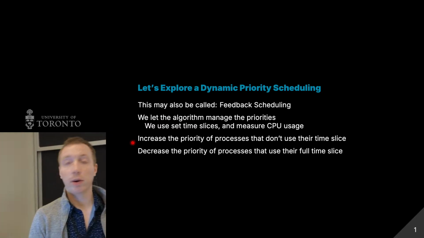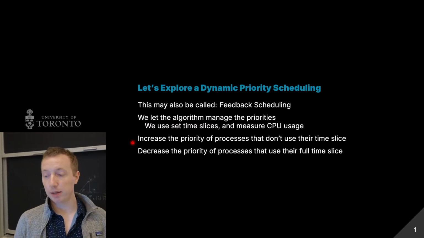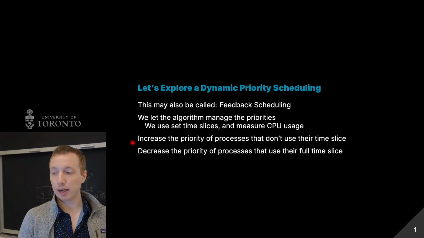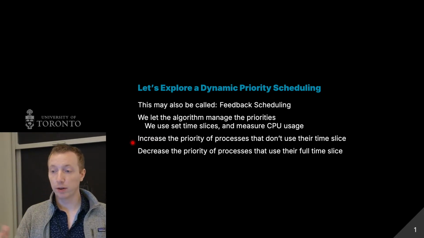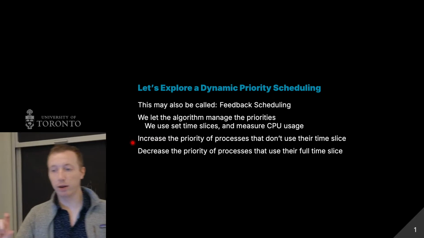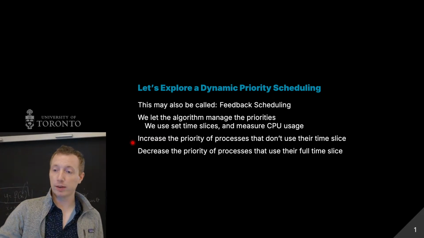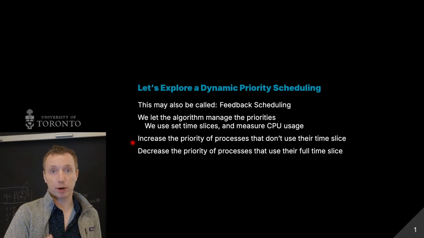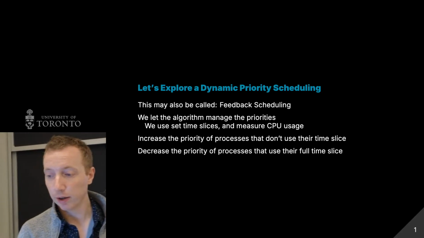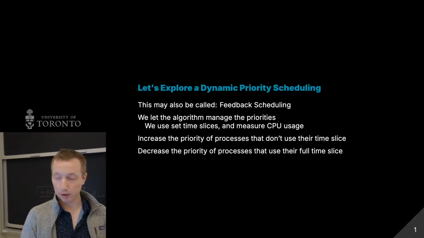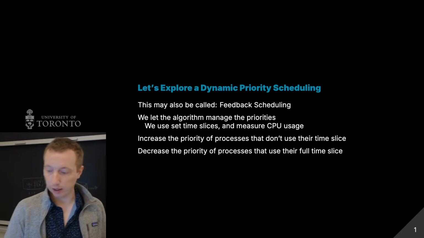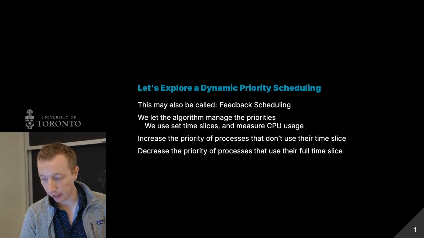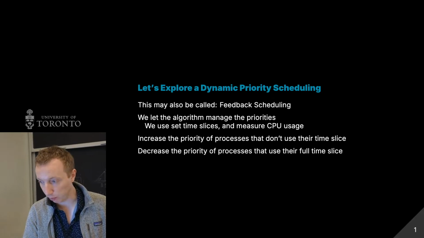At the end of a time slice, we dynamically adjust the priorities of processes. We increase the priority of processes that don't use their time slice and decrease the priority of processes that use their time slice. So you can initially say how important your process is, but over time it will degrade, and then eventually a low priority process will be able to run.